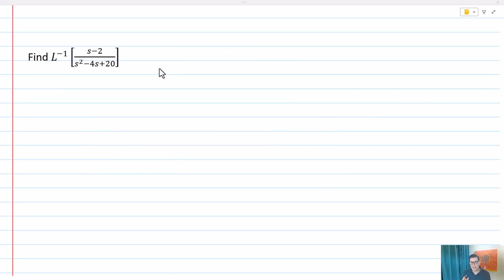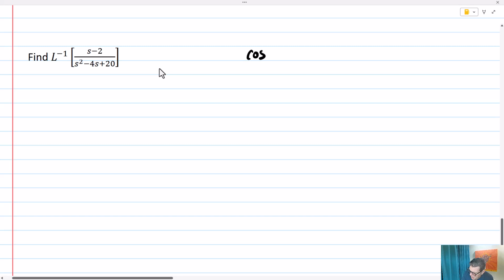So now let's look at another example where it doesn't look like we're using the first shifting theorem, but in fact we are. We want to find the inverse Laplace transform of (s minus 2) over s squared minus 4s plus 20. If I think about this, what I'm looking at is some kind of cosine function.